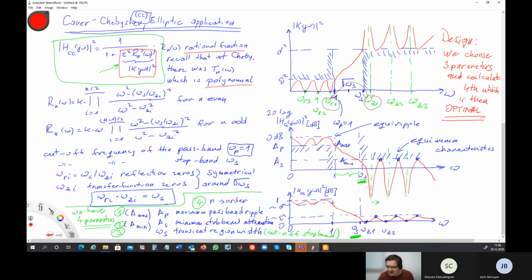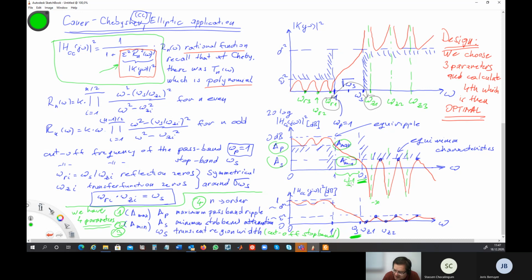So the 4th, which is then calculated, is optimum. So let's say we choose A max, we choose A min, and we set the width of the transient region, or the minimum, or the cutoff stop band.